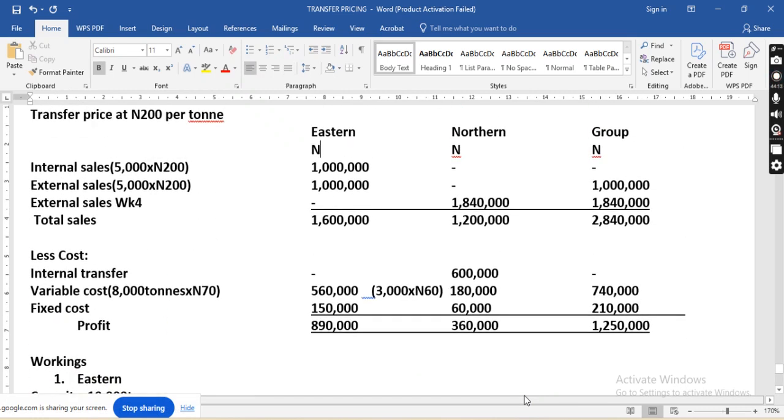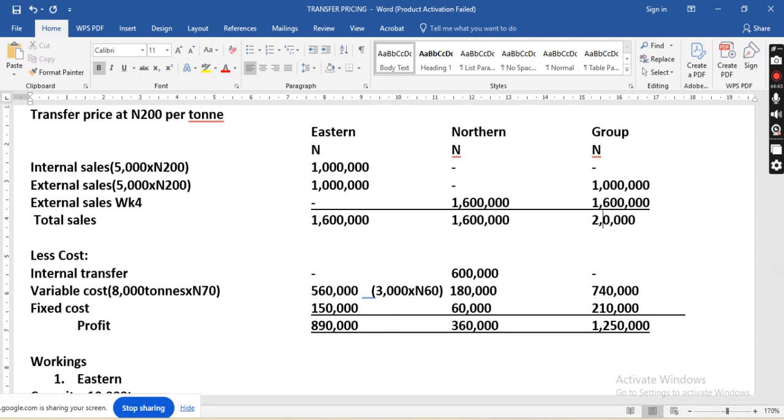So it should be 1.6 million. So this will be 1.6, right?